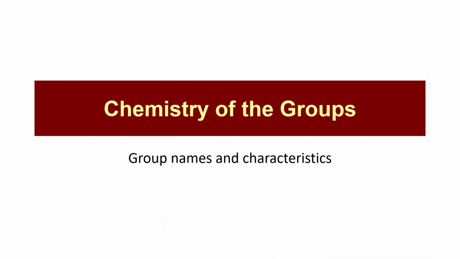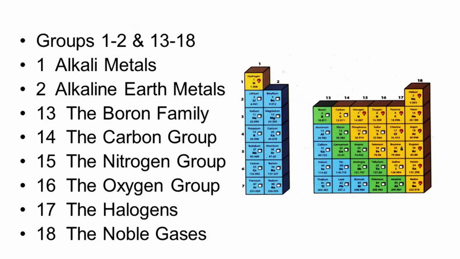So 11 minutes and 22 seconds in, this is my favorite part of the video. We're going to talk about the chemistry of groups and talk through group names and characteristic properties. You guys are going to need to memorize the name of the following groups, which they will also refer to as families.